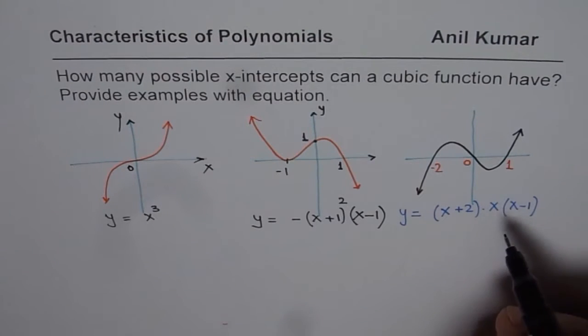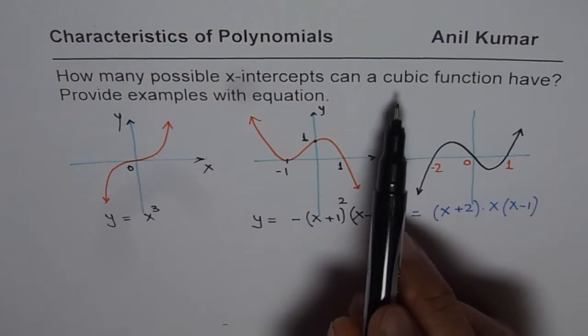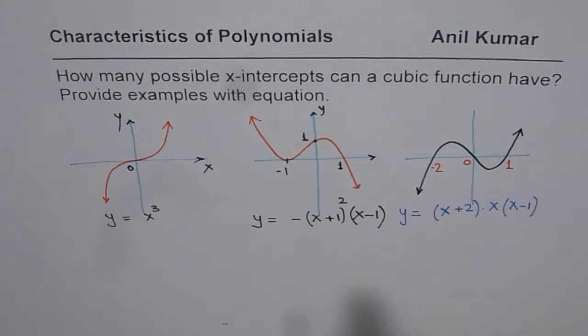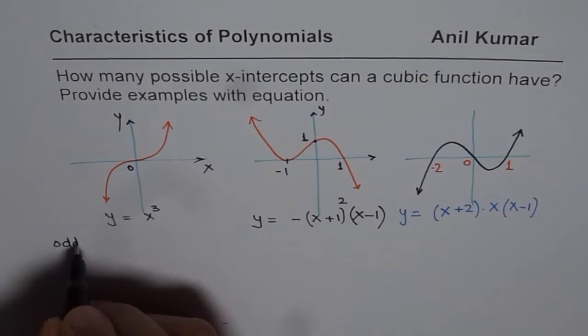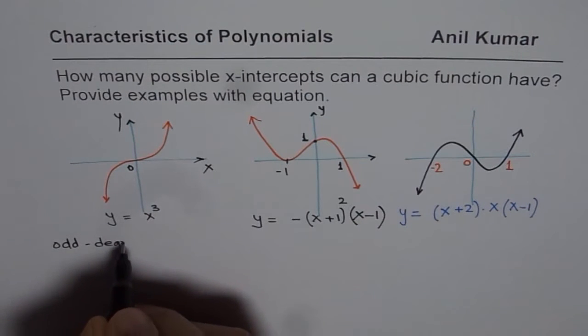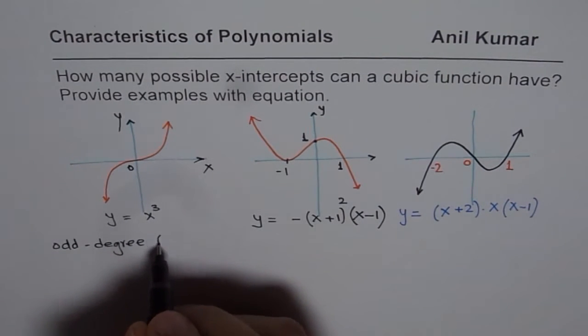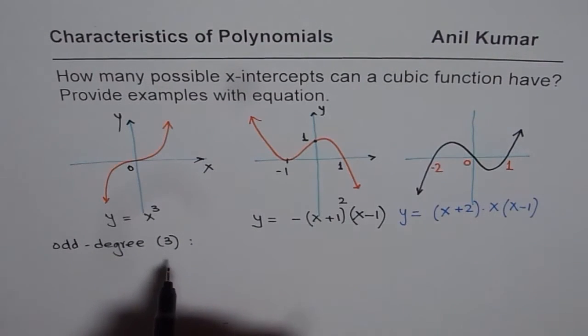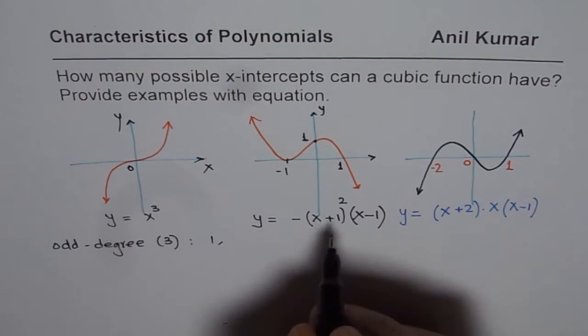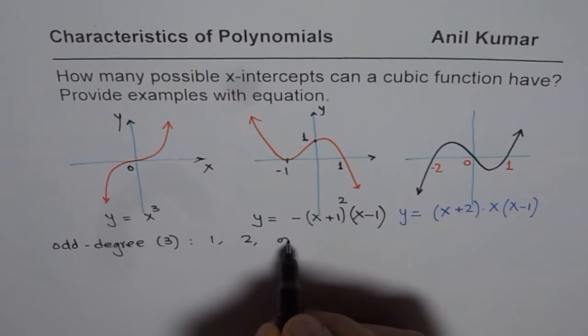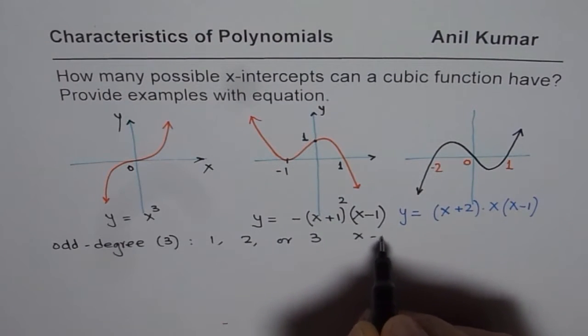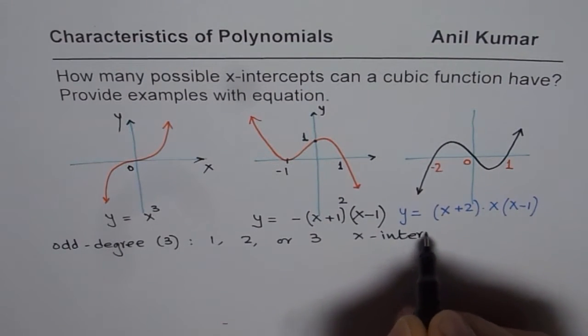So what we conclude here is that a degree 3 polynomial, odd degree, has 1, 2 or 3 x-intercepts.